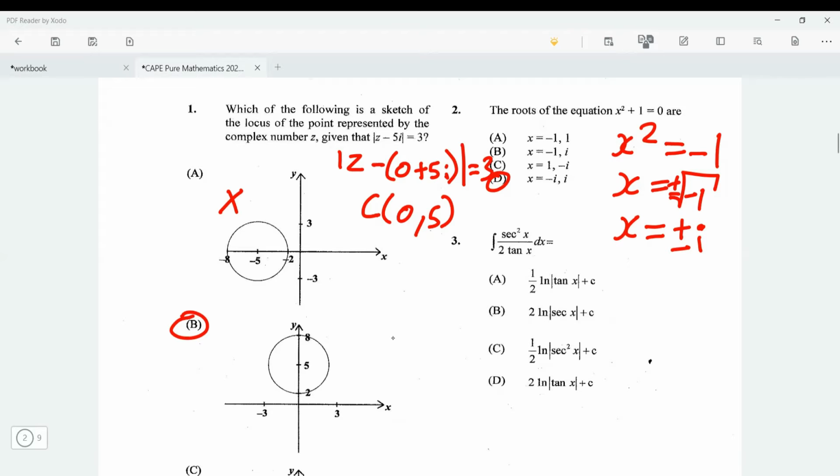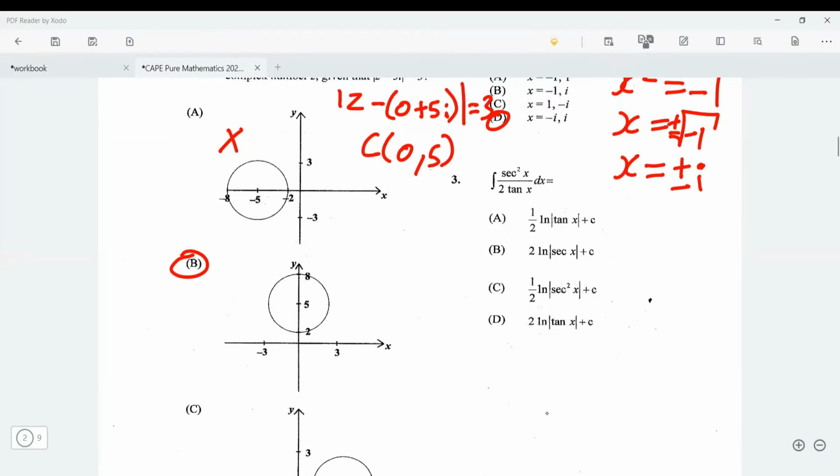Nice. Number 3, it says integrate sec squared over tan. Now when you differentiate tan, you get sec squared. So let's say you were doing u substitution. You let u equal tan x, then you have du is equal to sec squared x dx.